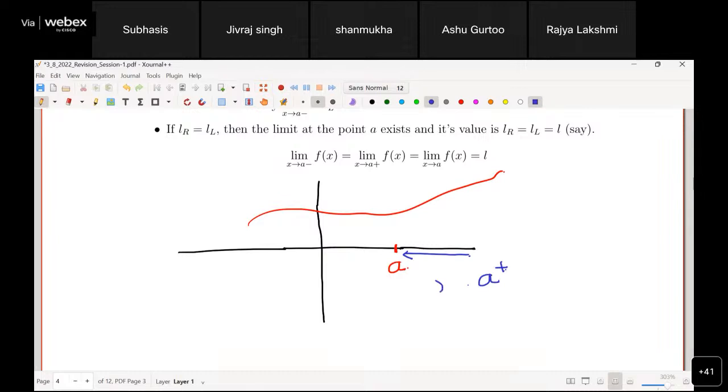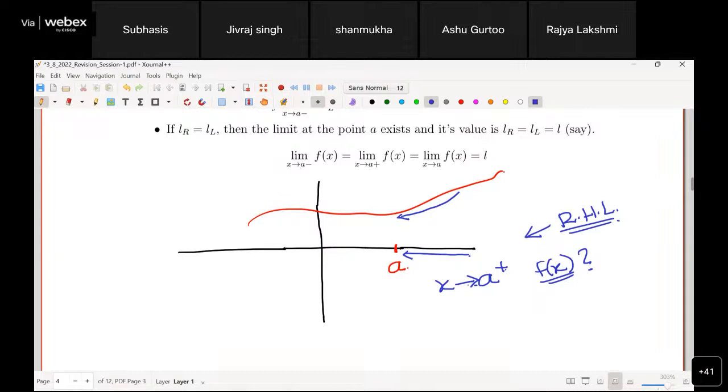As x goes towards A from the right hand side, we check where this f of x is going. This will give me the right hand limit.